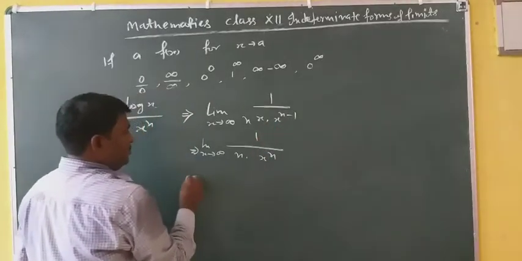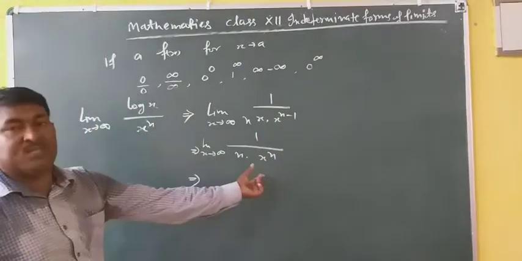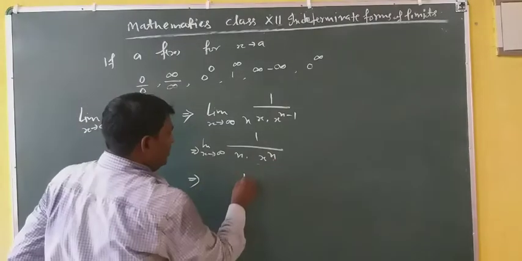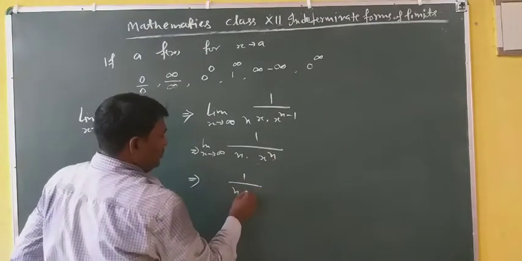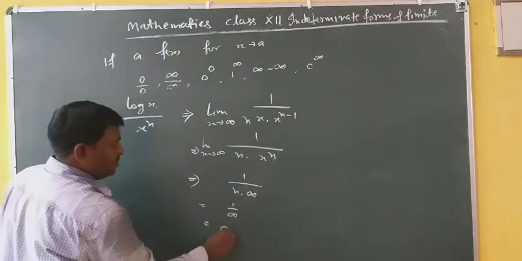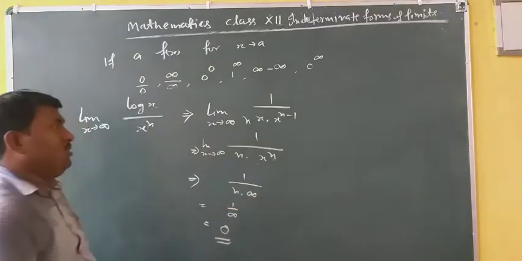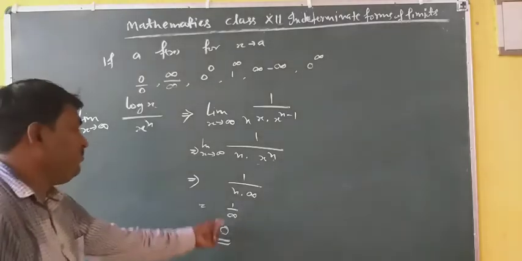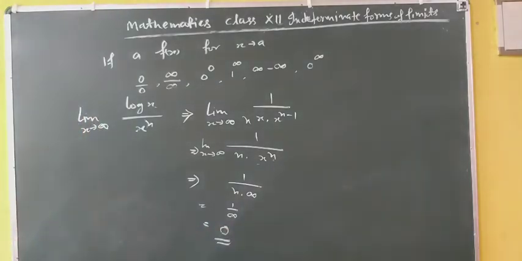Now putting infinite in the place of x, x power n is infinite. So 1 upon n into infinite, that is 1 upon infinite, which implies 0. So 0 is a defined value, that's why the result is 0. Something upon infinite is 0.